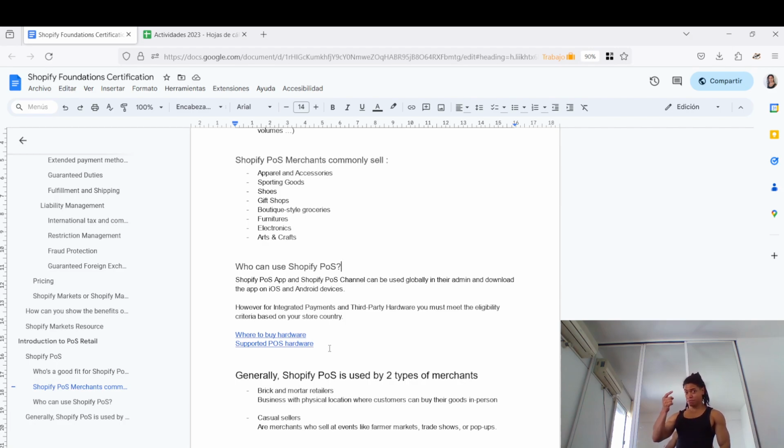And generally, Shopify POS is used by brick and mortar retailers, where they have a physical store to sell in person, backed with these online tools, or casual sellers.